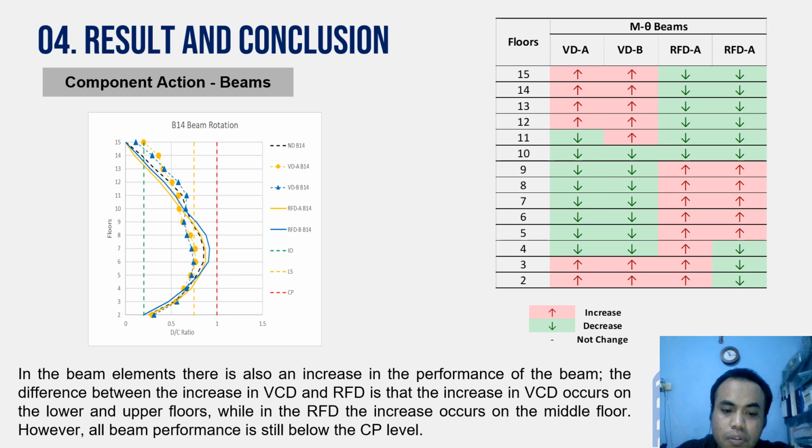However, all beam performance is still below the CP level. We can look at the table that happened in the VCD with the red colors in the upper and lower floors, but in the RFD almost in the middle floors.